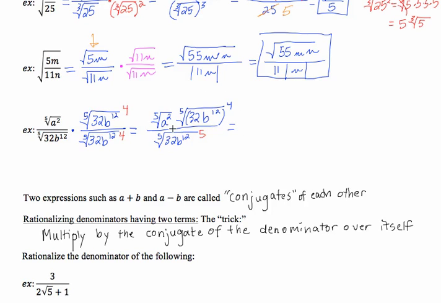Okay, in the denominator, the 5th roots cancel. 5 is odd, so no need for absolute values. So we have 32b to the 12th in the denominator. And in the numerator, we still have that 5th root of a squared hanging out. And let's see, let's just simplify what's inside there before we raise it to the 4th power.